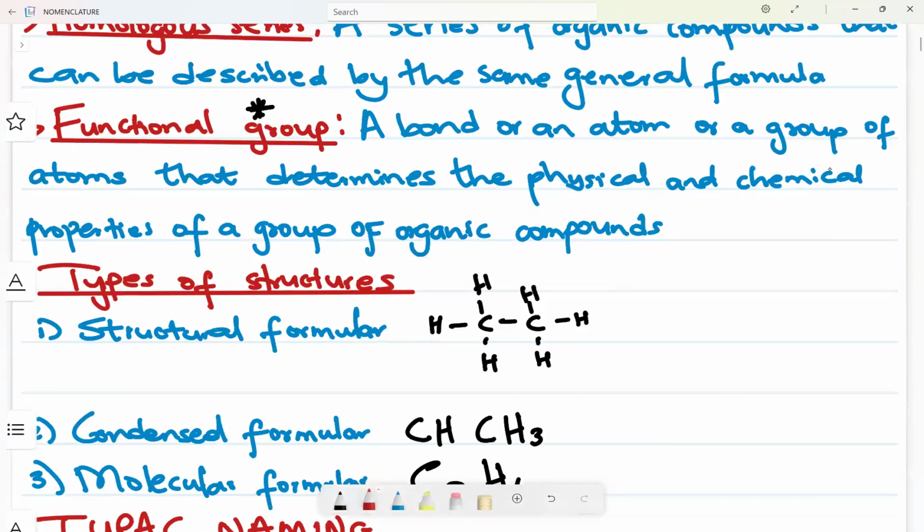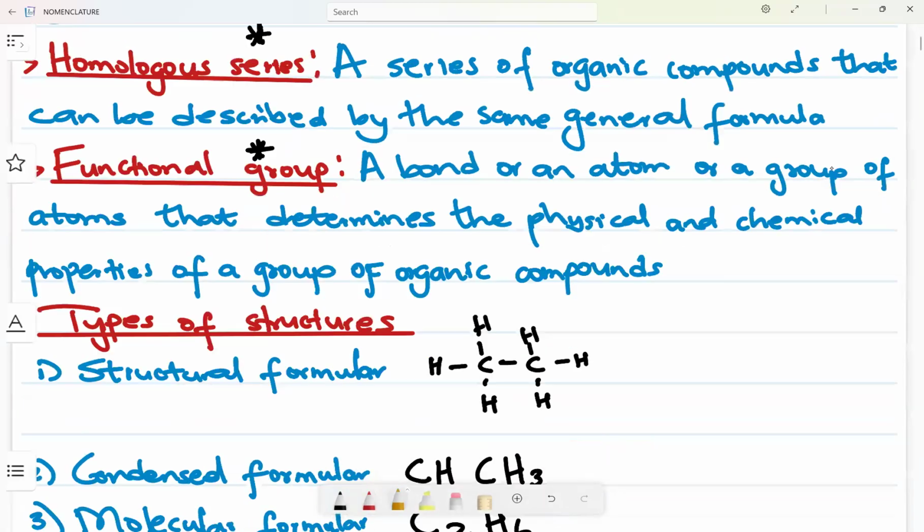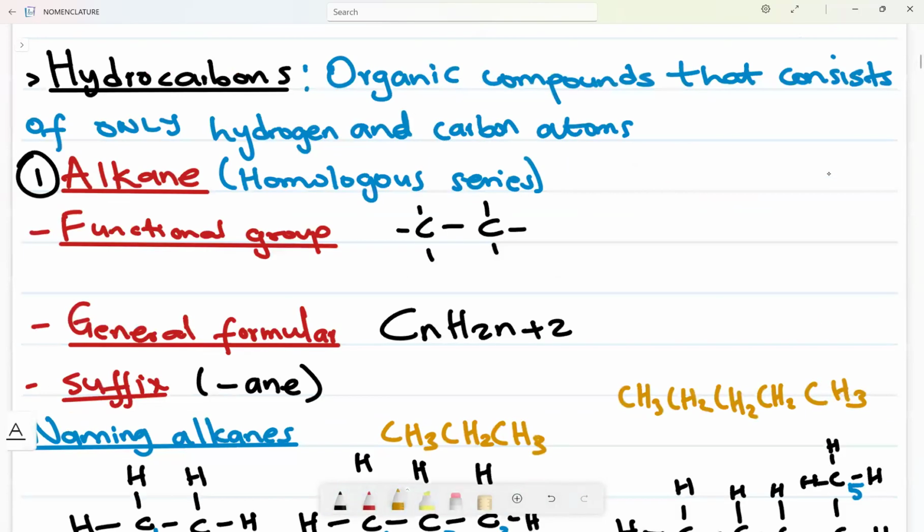Okay, we'll say now, where did I start? We'll say here this is a saturated compound. What do we mean it is saturated?